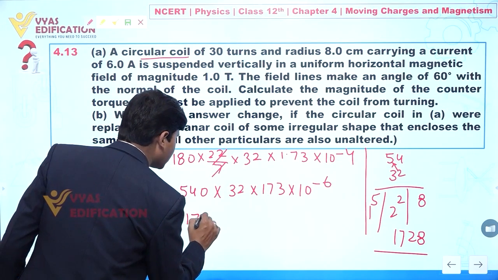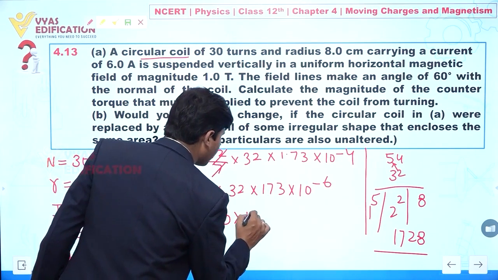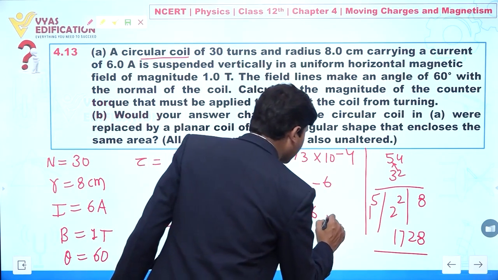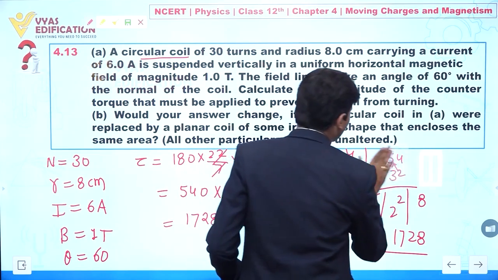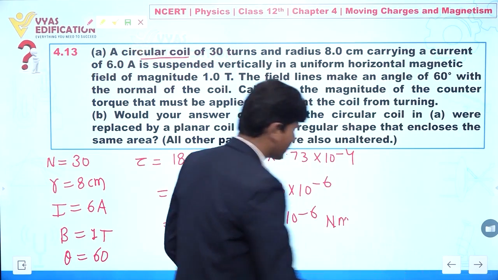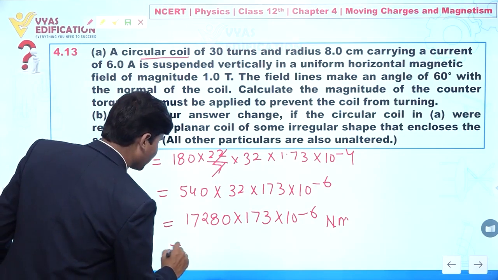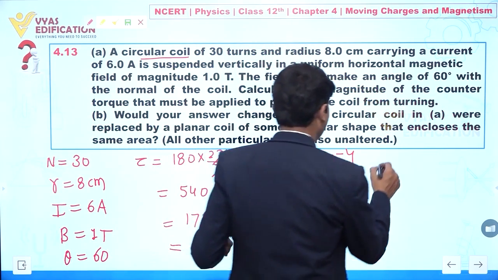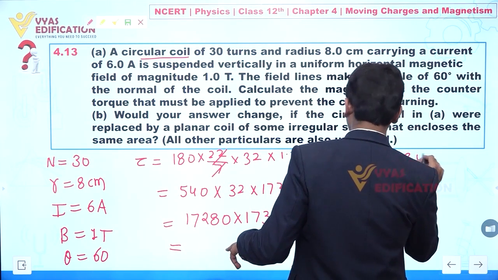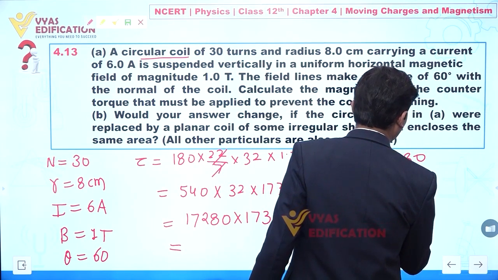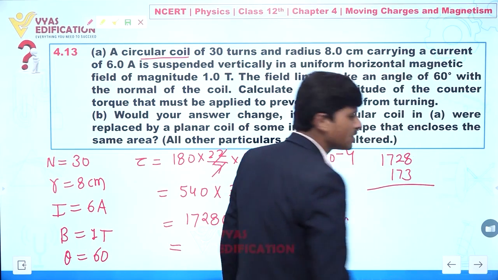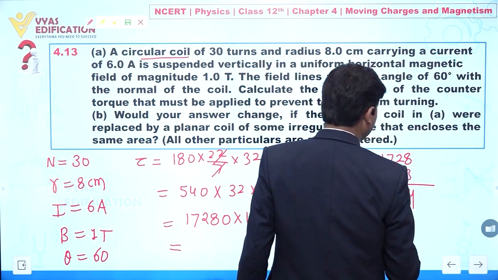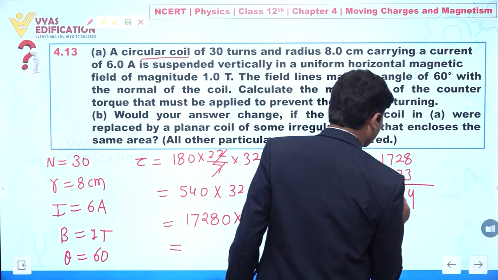So this value is 17280, multiplied by 173 into 10 to the power minus 6. You will get the value in Newton meter because this is a torque. Clear everyone? So now just multiply 17280 and 173.